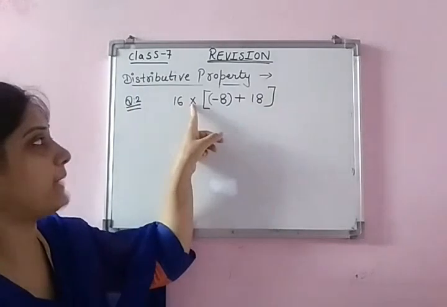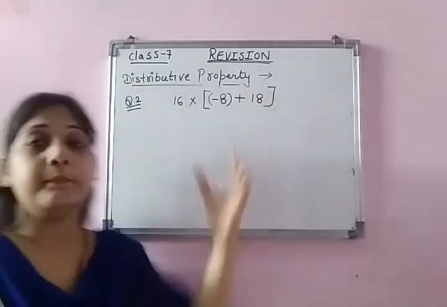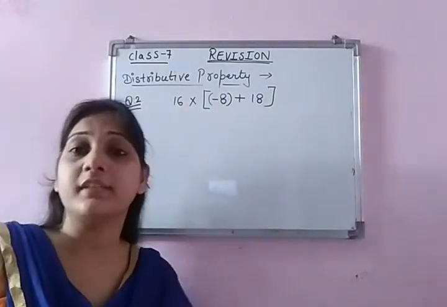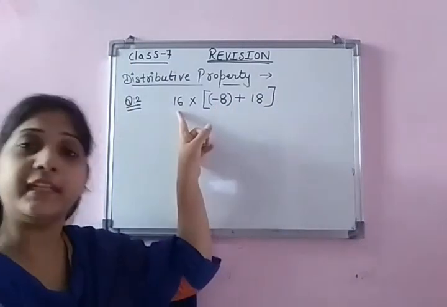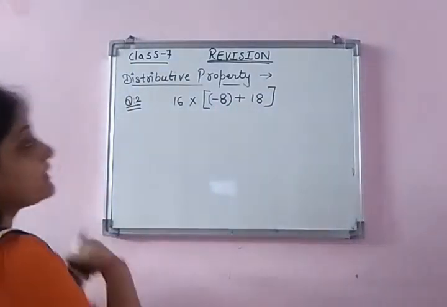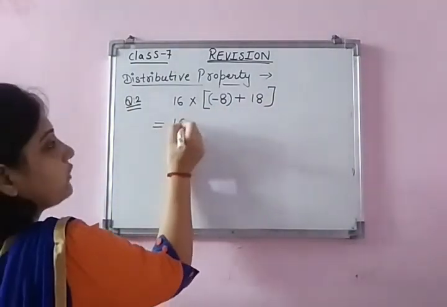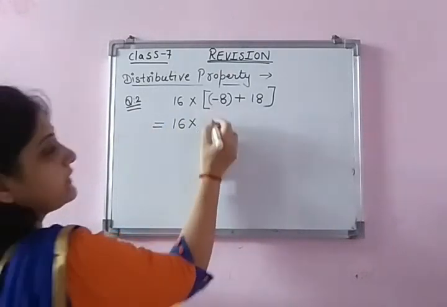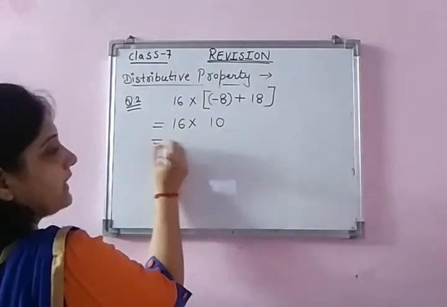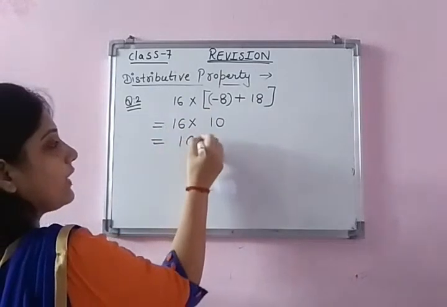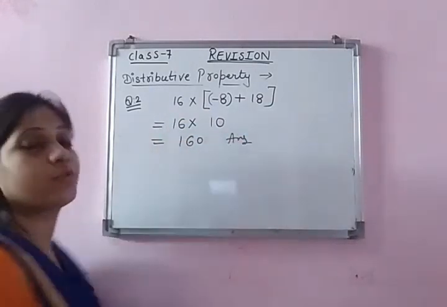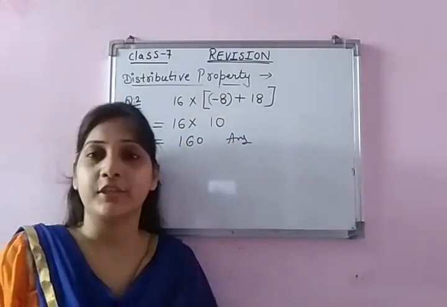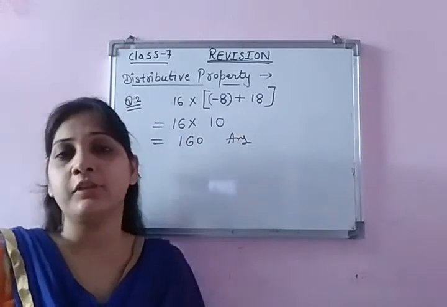See, a multiplied by (b plus c). But this time we need not take the common. It is already given to us, so we just have to solve it. How to solve? First we need to solve this bracket. 18 minus 8 will be 10. And 16 times 10 is 160. So in this manner also we can simplify the question. So this is all about distributive property.